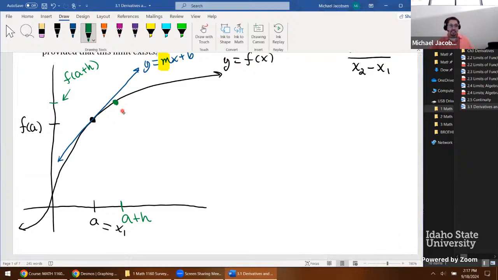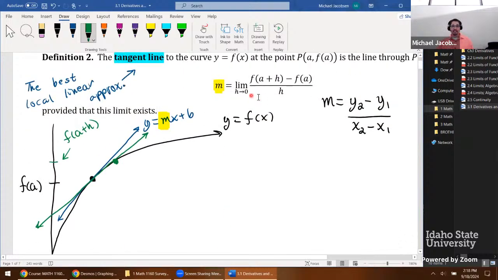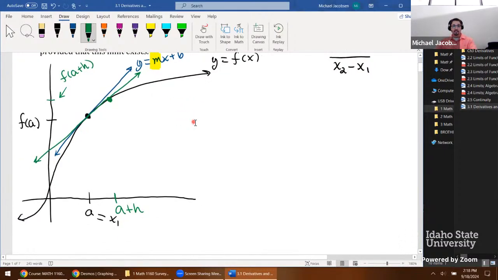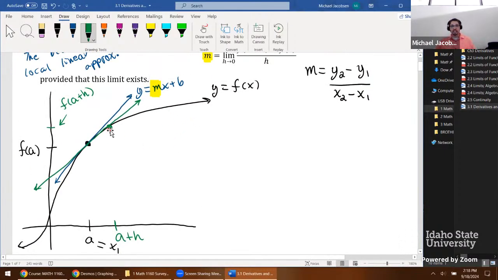So it looks like this. Comes up and around, down and out. And notice the lines are pretty close. They would get even closer the smaller and smaller h goes. So if you take the limit as h turns to 0, the lines would actually overlap here. But for the moment, we need that second point just so that we can calculate that slope.